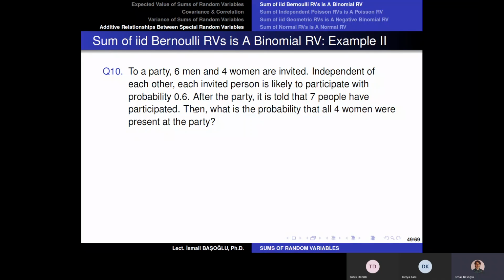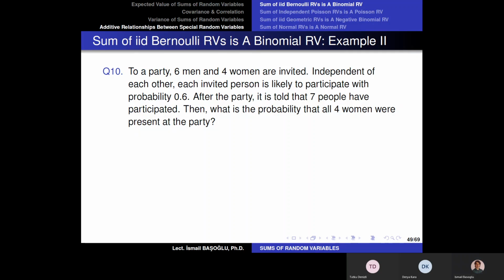Now, the question is this. What is the probability that all 4 women were present at the party? Now, we have seen that 7 people have participated. What is the probability that all 4 women were there? Now, that is an interesting question. This question gives me the result of the binomial random variable and asks me specifically the probability of all 4 women being there.